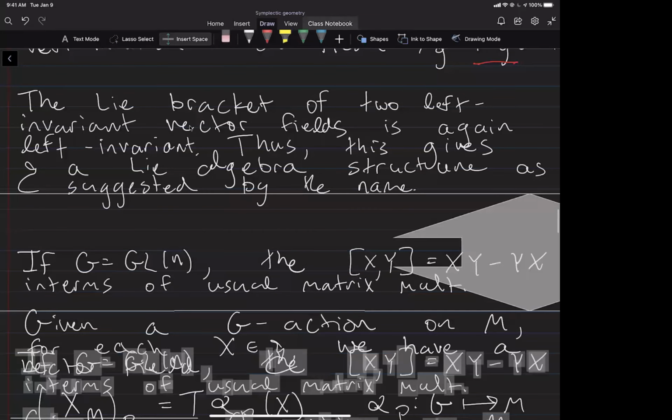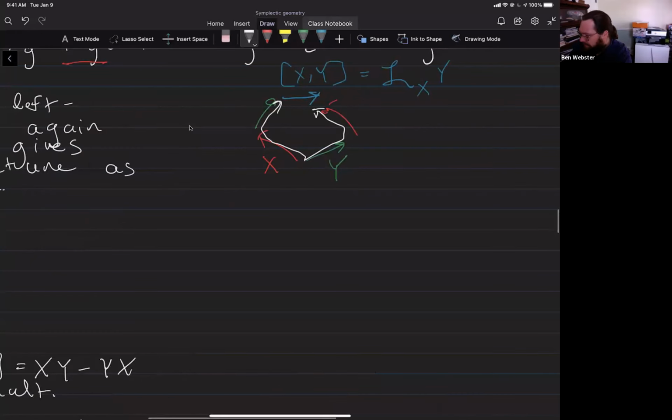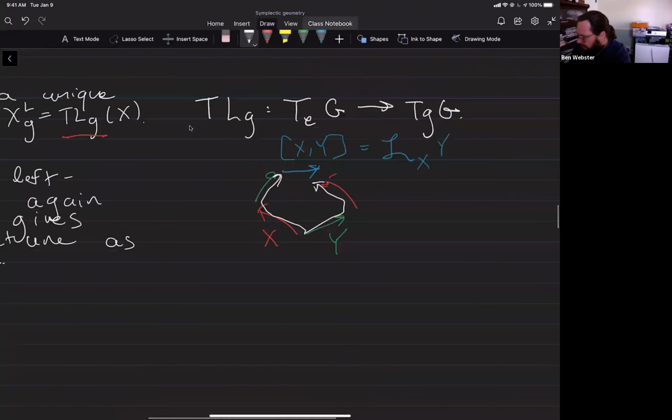I have a question. Yes, of course. I've seen this proof that the Lie bracket is the same as the Lie derivative, but do you have any intuition for this? Well, somehow it's just taking this picture and thinking about it differently. So it's saying, what's the Lie derivative of Y with respect to X?